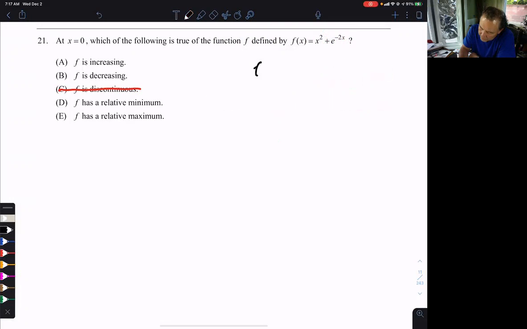So let's find the derivative. It's going to be 2x plus. Now the derivative of e to something that's not x, so it becomes box. The derivative of e to the box is, I am my own grandpa, so it's e to the box times derivative of box. So now we have this.